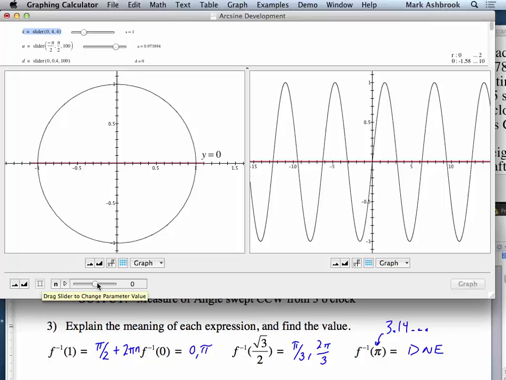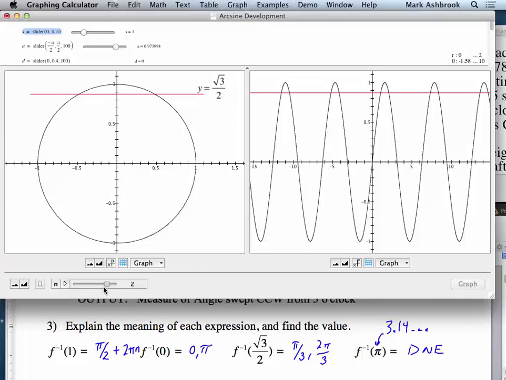How many are there? Two per period, but still an infinite number, right? So here's radical 3 over 2. Again, all these different x values are outputs of the reverse process. So there's lots of outputs for the same input.